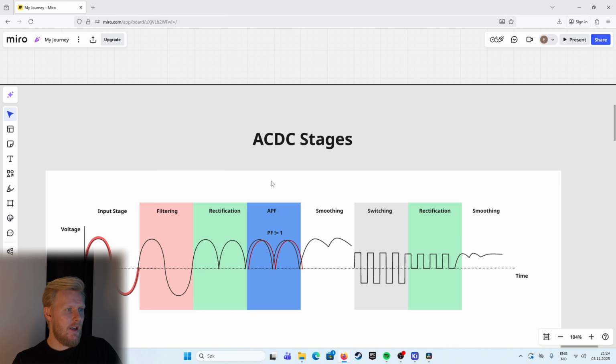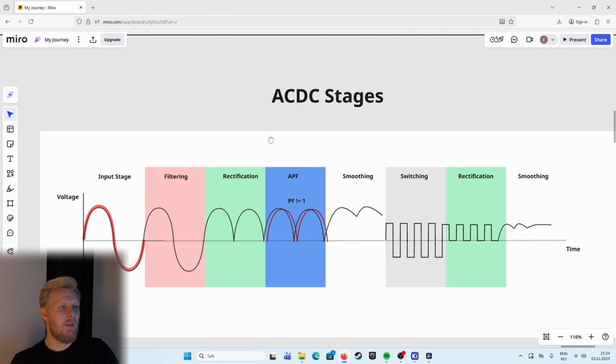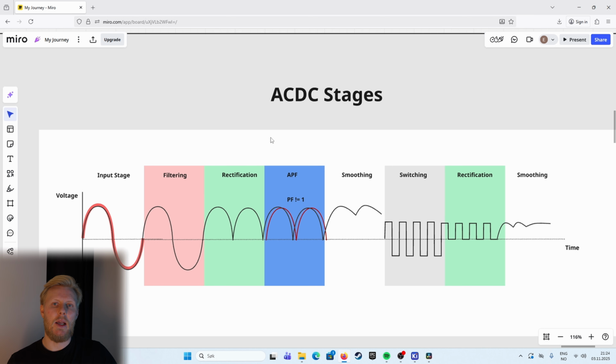But the stages follow the same type of pattern as the first general block diagram of power electronics, but also more the actual AC/DC power supply block diagram. So here we're looking at a signal from a voltage, in this case, over time.